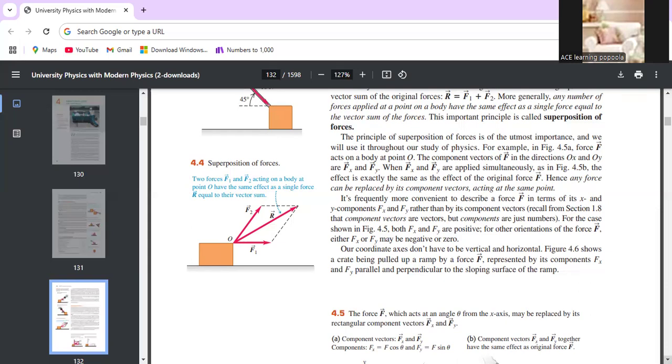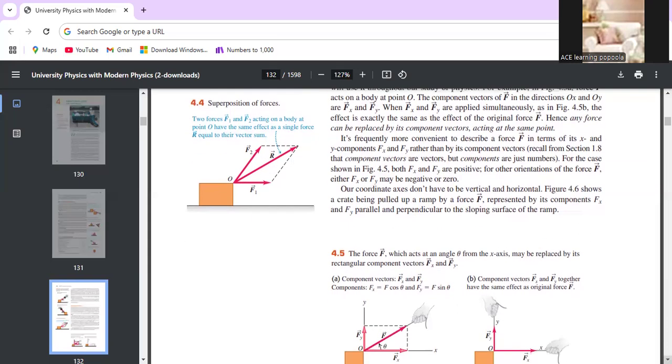Okay, so now this is important to our topic, Newton's laws of motion. That's why I'm explaining that first.